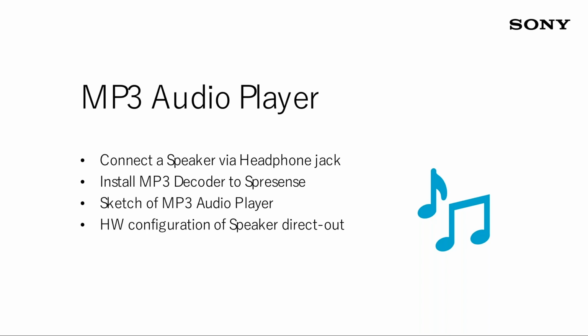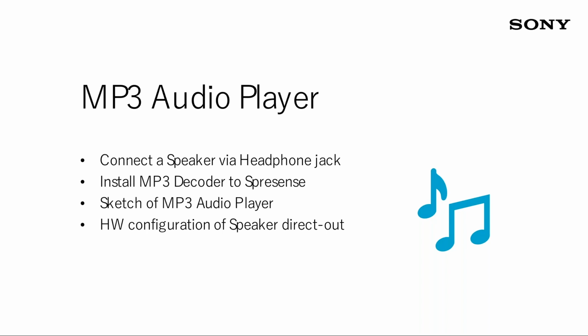The first part of this section is going to be the audio player, and in the next one I'm going to cover recording. What you need in this section is the Spresense extension board. On the extension board, you have a headphone jack, so you can have the audio out from there. It's very simple to just get the audio out.